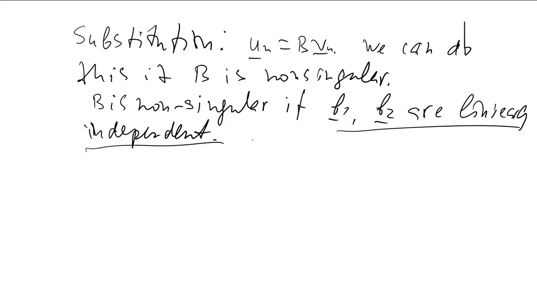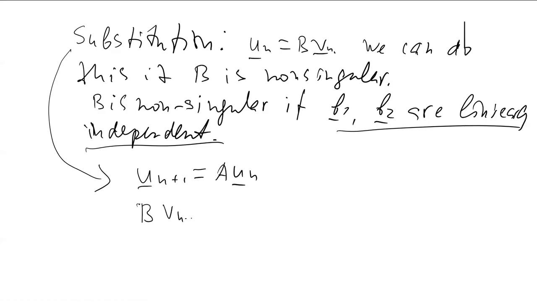Then, with this substitution, what will we have? We have u_{n+1} equals A times u_n. Now, u_{n+1} is B times v_{n+1}, and here we have A times B times v_n.